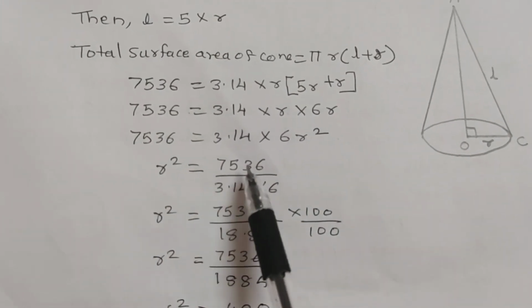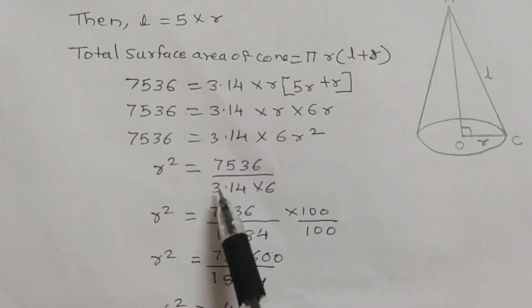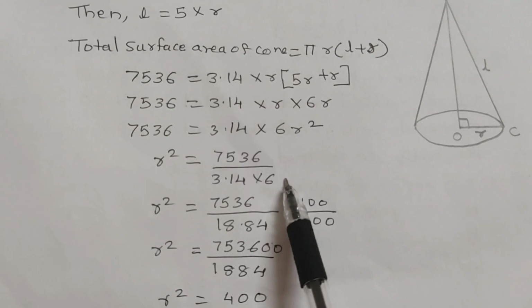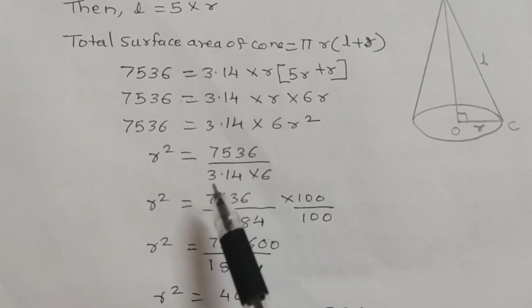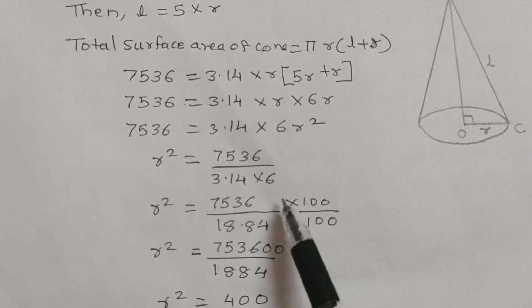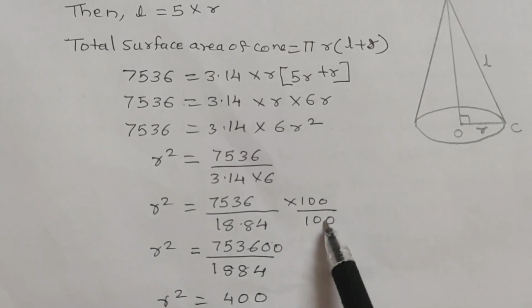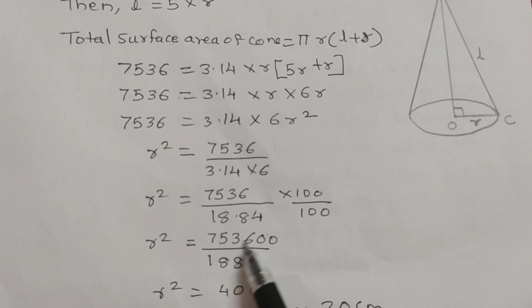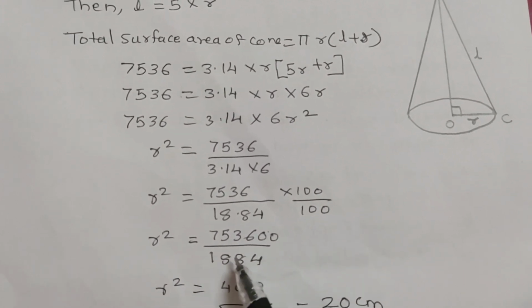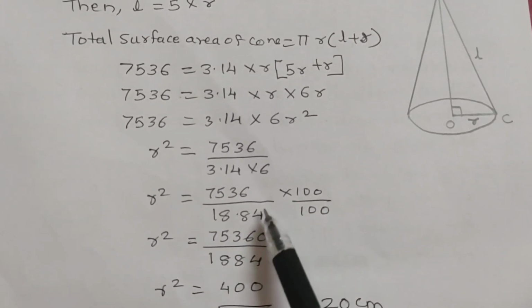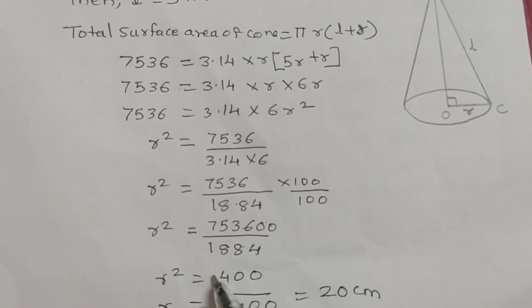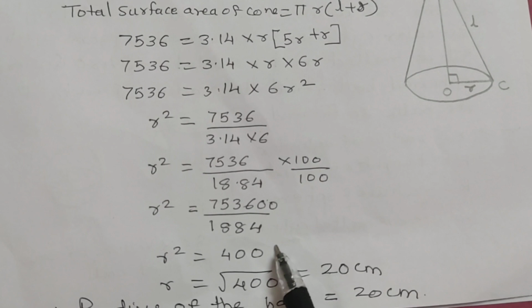Therefore r square is equal to 7536 upon 3.14 into 6. To make it easy for the cancellations, we multiplied the numerator and denominator by 100. So the value comes to 753,600 upon 18.84 into 100 will become 1884. Therefore r square is equal to 400.